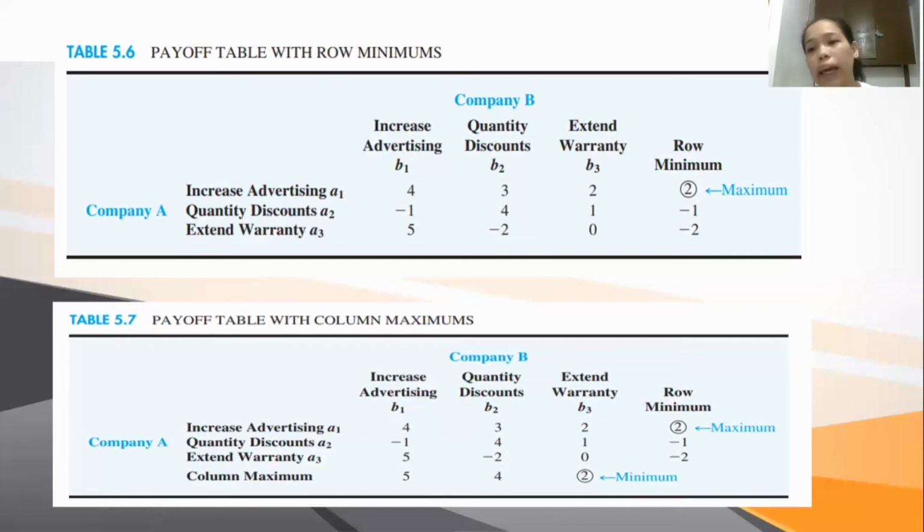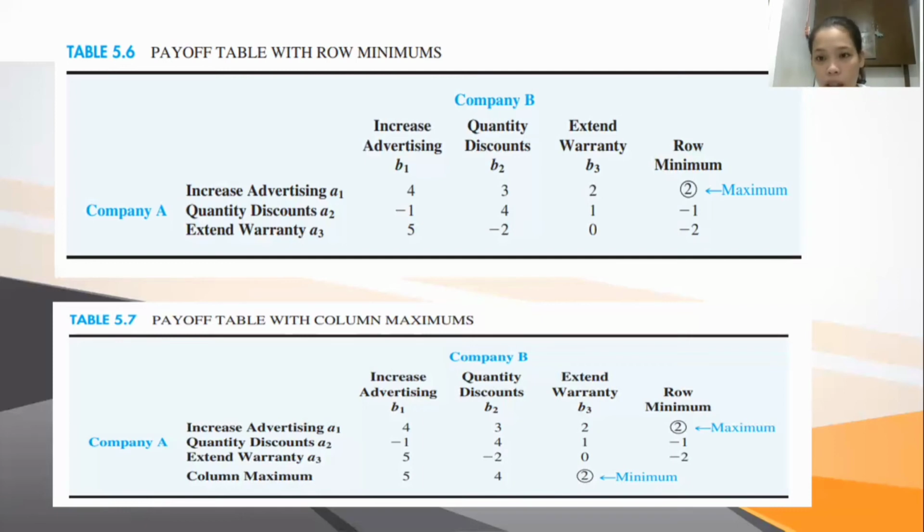So company A will select the strategy that provides the maximum of the row minimum values, which is called the maximin strategy, in which player A or company A wants to maximize its minimum guaranteed gain.